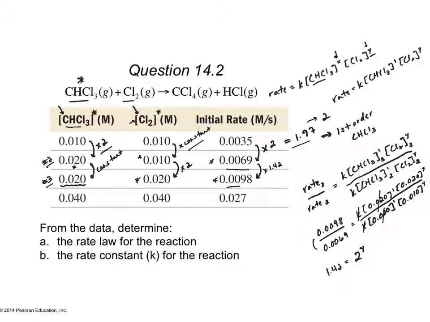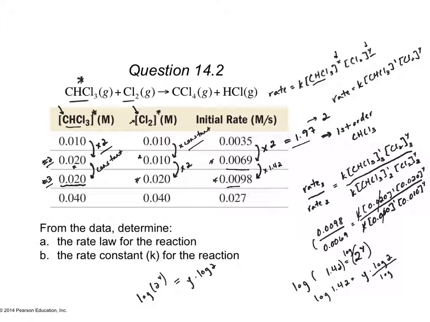Okay, so to figure out what y is, to solve this, we're going to go ahead and take the logarithm of both sides. Just as a reminder, the log of 2 raised to a power is equal to that power times the log of 2. So that's going to allow us to simplify the expression on the right to y times log of 2.